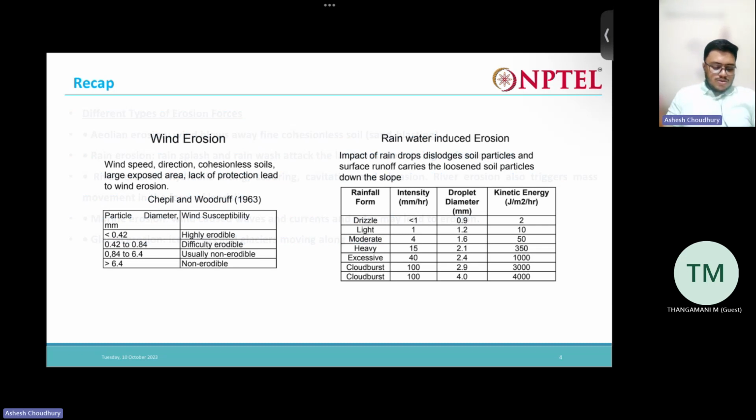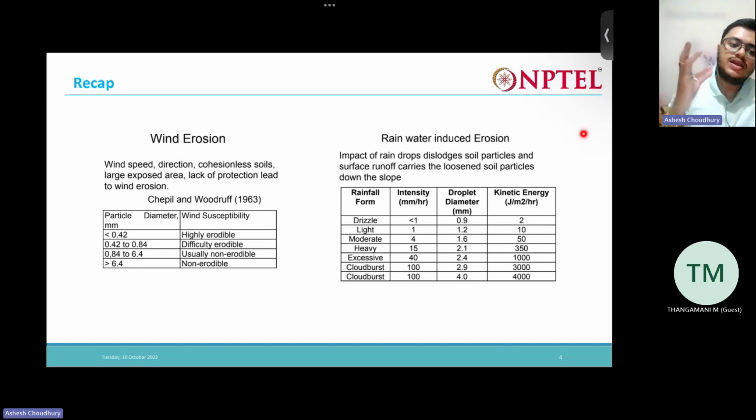So you can see here wind erosion. For wind erosion, wind speed, direction, type of soil, and large exposed area all lead to wind erosion. If you have small cohesionless particles less than 0.42 mm in size, they are highly erodible.